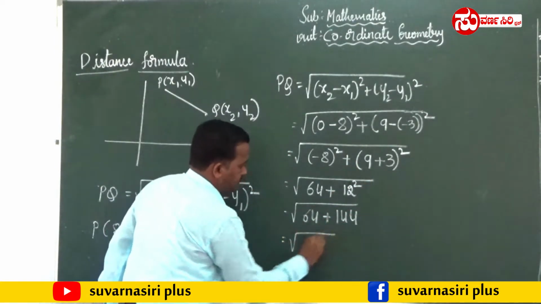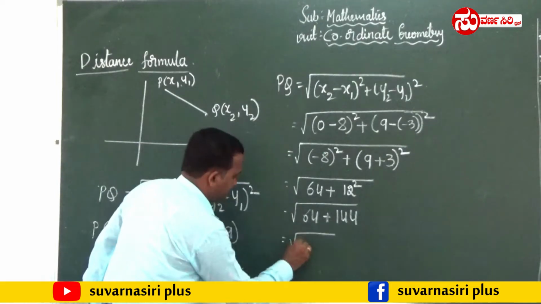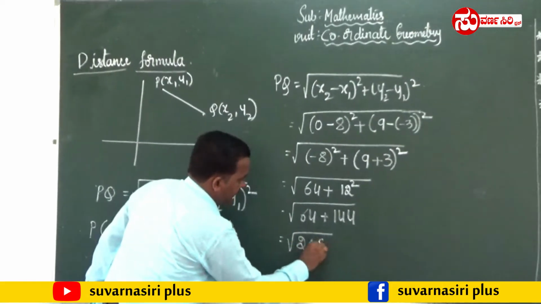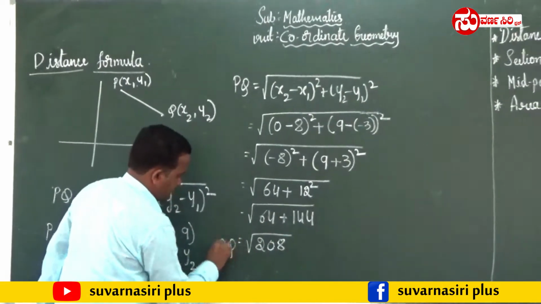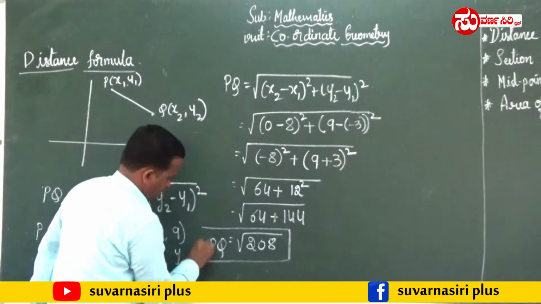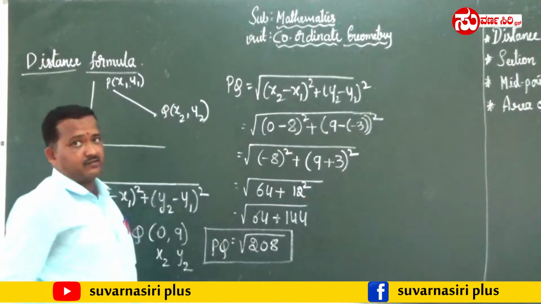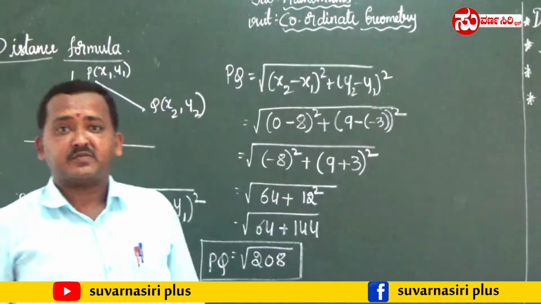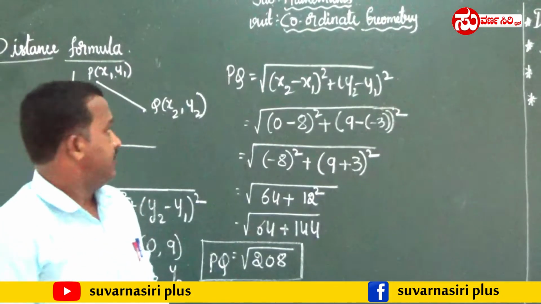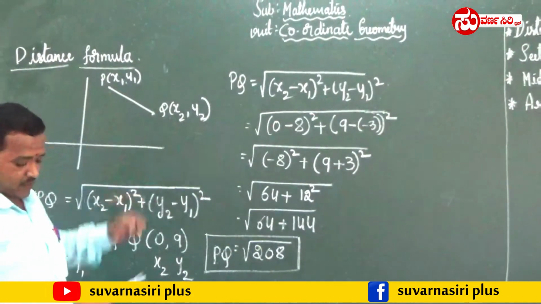Now add this and we get 208. So this is how we get the distance between the 2 points using the distance formula.